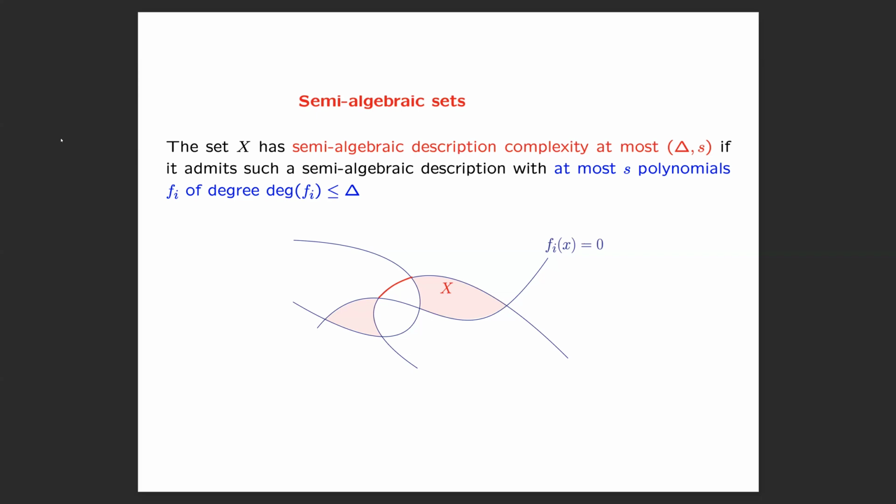And we say that a semi-algebraic set has description complexity at most delta and s if one can attain such a description as above with polynomials whose degree is bounded by delta and whose number is at most s.